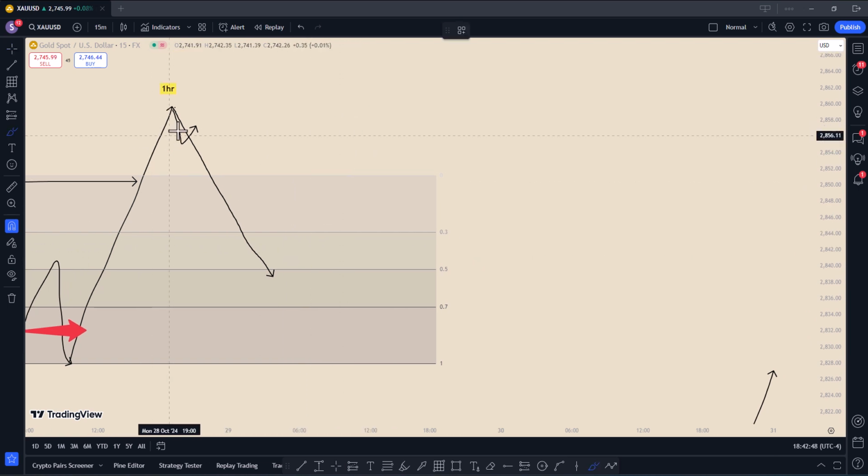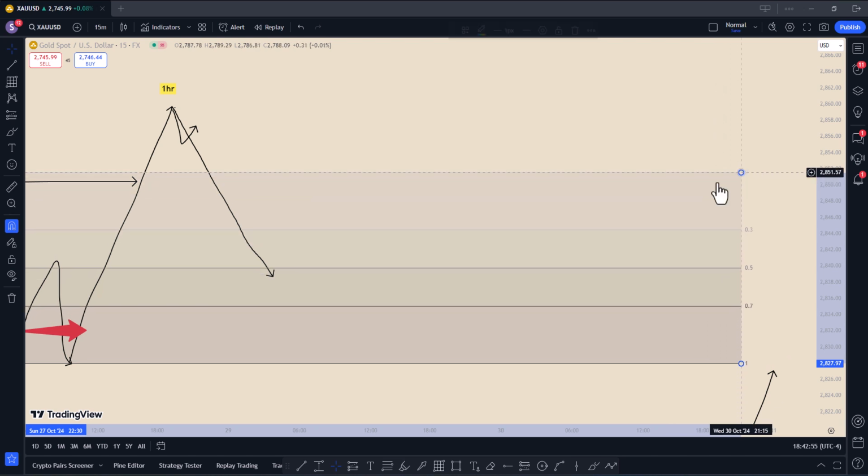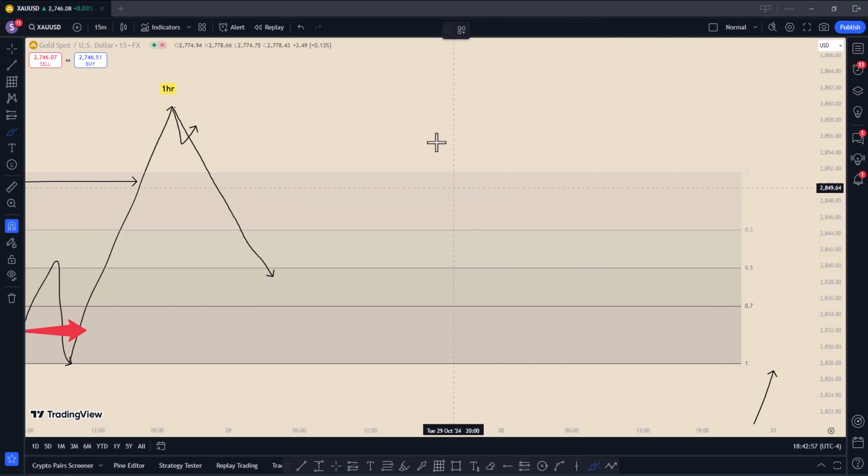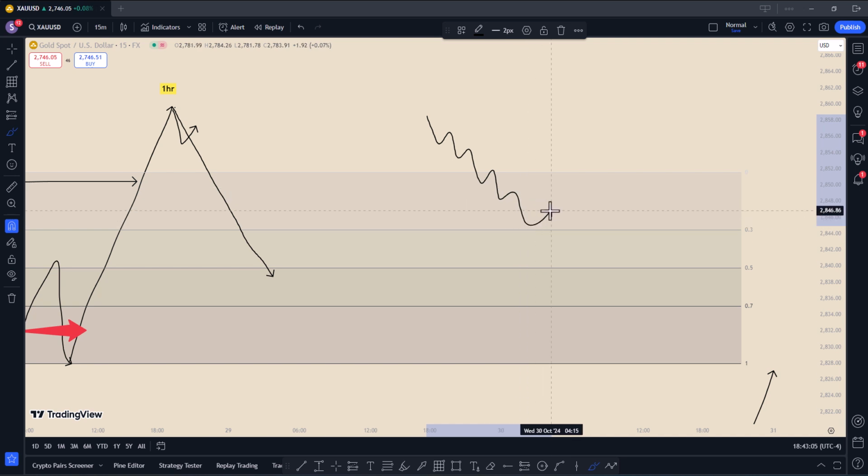Now, this pullback right here, let me first extend this. On the 1 minute, we might see lower lows and lower highs. Okay? And let's say we approach the 50% and we have 1, 2, 3, 4, 5, 6 valid pullbacks.